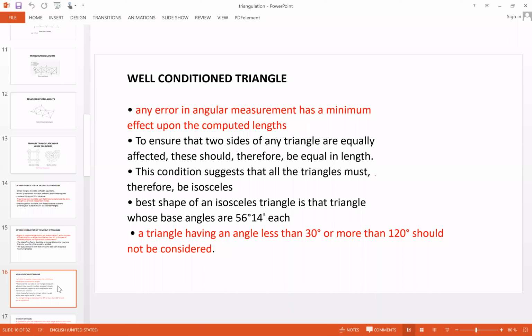So if we have divided our area into well-conditioned triangles, the chances of error are minimum. So any error in angular measurement has a minimum effect upon the computed lengths.